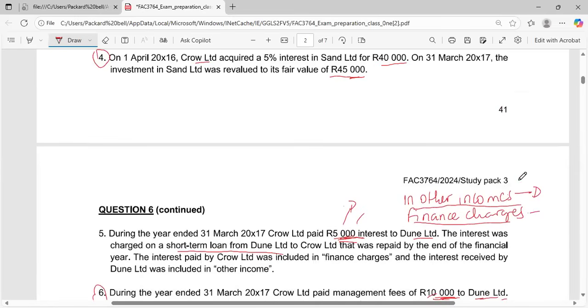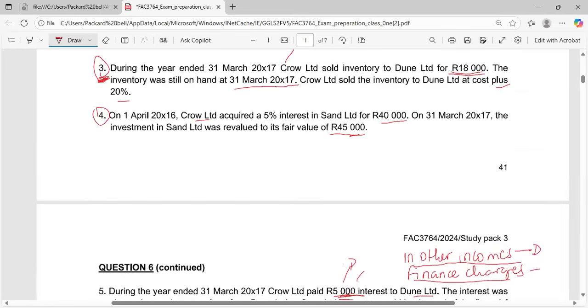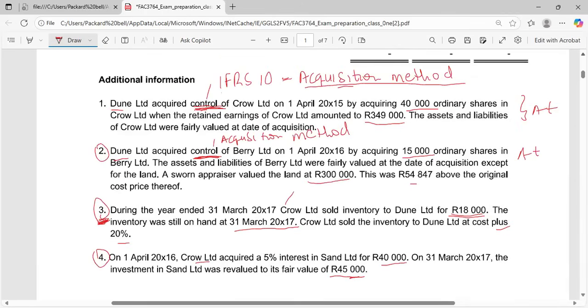Your income tax is going to be adjusted by, where is that at here? When you eliminate this intra-group profit, it's going to reduce our profit. When it reduces our profit, what is going to happen to our tax? So it means our tax is also going to go down.